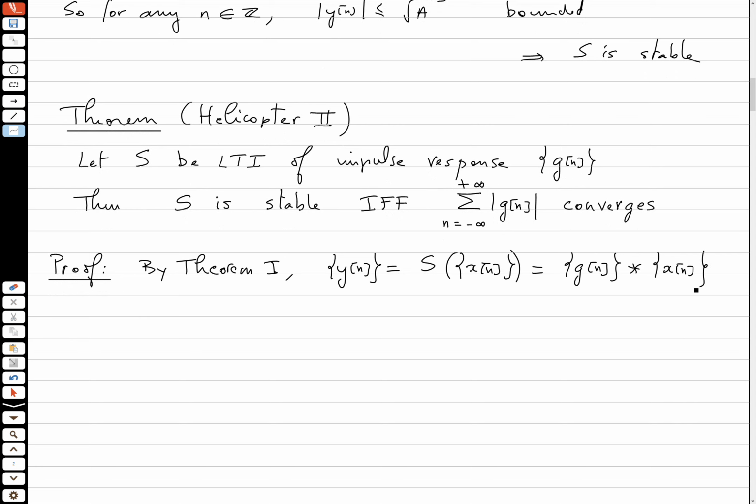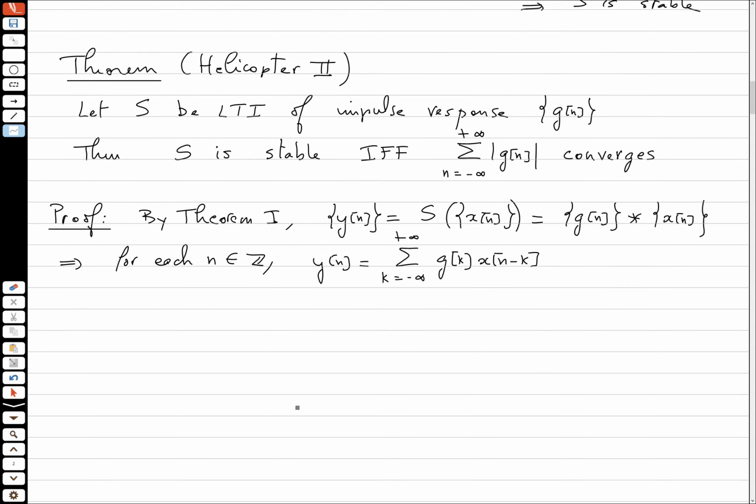I'm writing this in this order because of commutativity. So this means that for each n, y of n is the sum of g of k, x of n minus k. All right, so we know this is true.